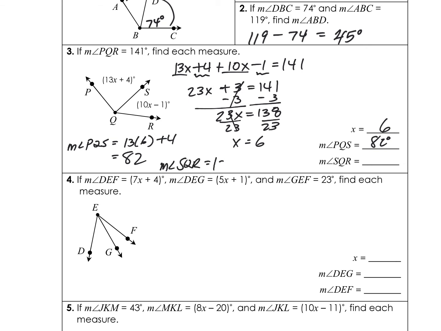Is equal to 10 times 6 minus 1, which is 60 minus 1, 59 degrees. Now, if we did this correctly, just to double check, 82 plus 59, 80 plus 50 is 130, 9 plus 2 is 11, 130 plus 11 is 141. So yes, those do add up to equal 141.